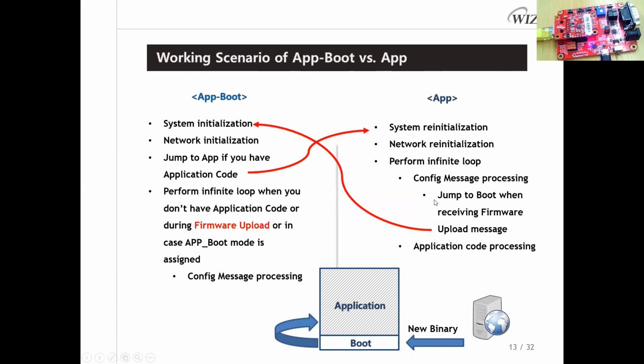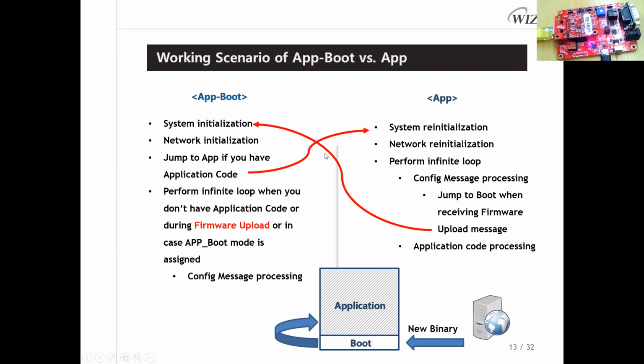Then the application code will be executed. If there is no application code, or if it is in the process of firmware uploading, or if the app boot mode is running manually, it stays in the app boot area and receives and processes the computer message infinitely.